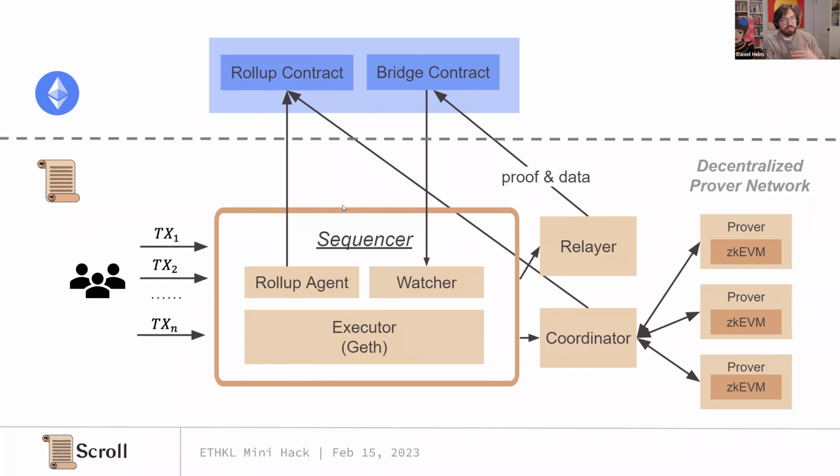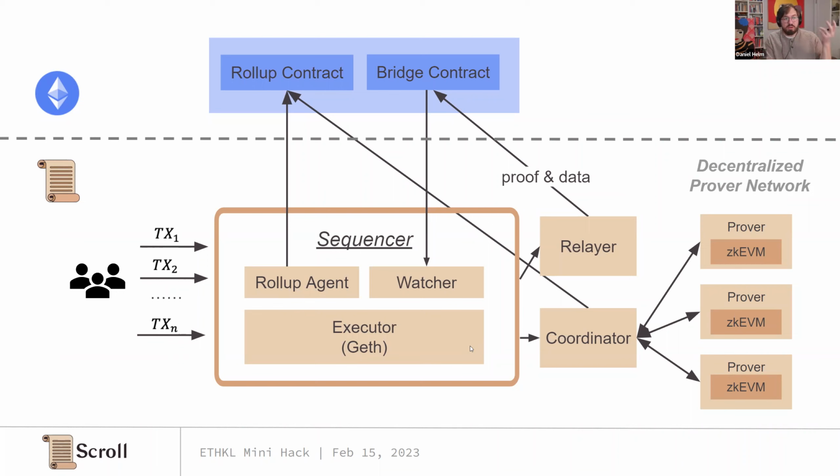A transaction comes into the sequencer, and the sequencer is going to do a few things. There's the executor, which is essentially Geth, if you're familiar with that Go Ethereum client. It's just going to take and process these transactions, and it will output what's called the trace.